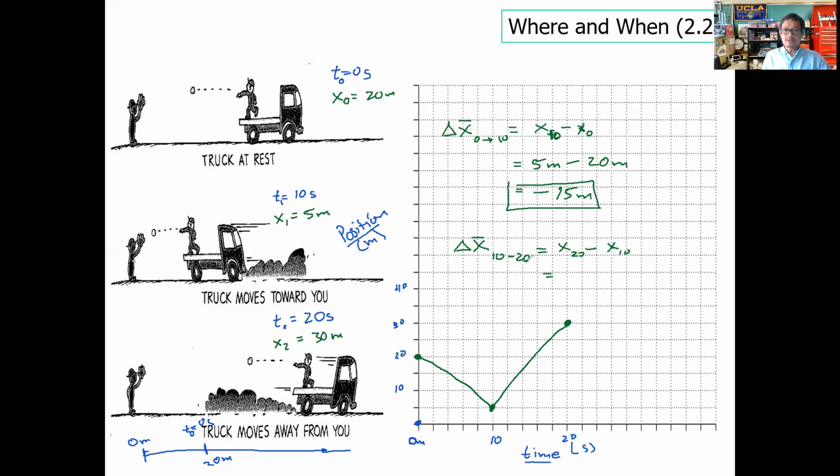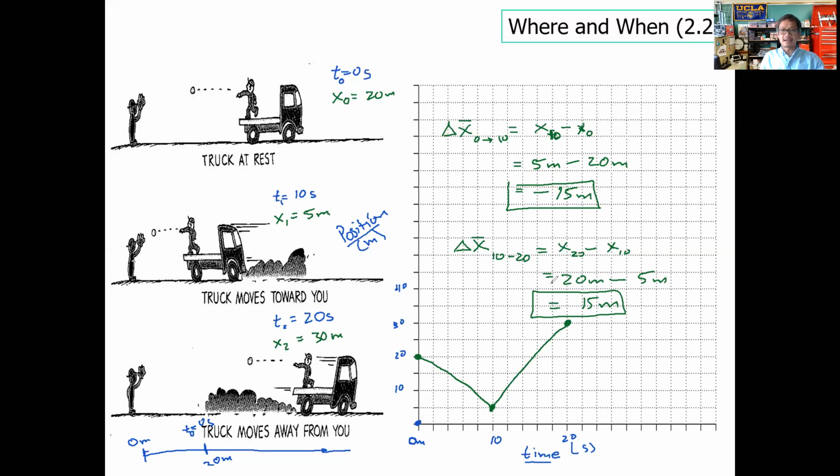The position at 20 seconds is 20 meters away from the origin, and the position at 10 seconds is 5 meters away from the origin. So the displacement here is going to be positive 15 meters, because he moves in the positive direction. Let's make sure we interpret this.